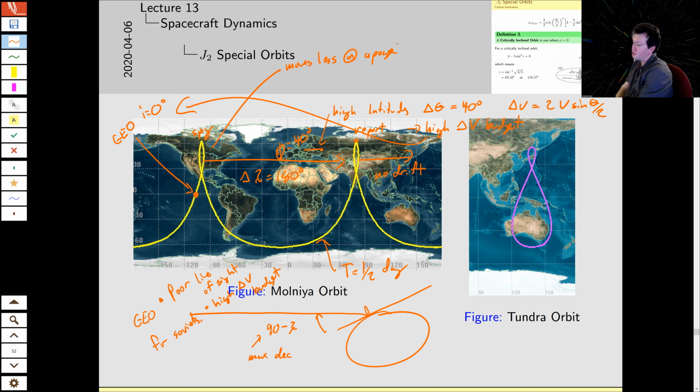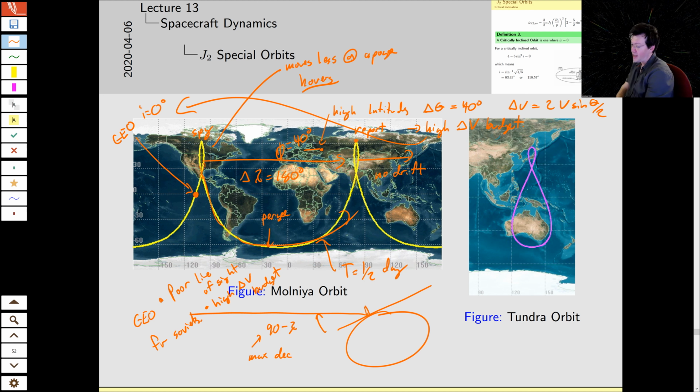So it hovers above its target location for long periods of time, almost matching the rotation of the Earth. In fact, actually moving a little bit faster than it at some point. And then it comes down here at perigee, where it's not being useful anyway, and it zips through that very fast.